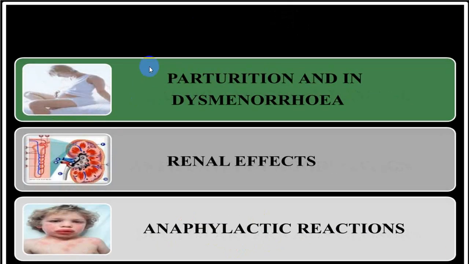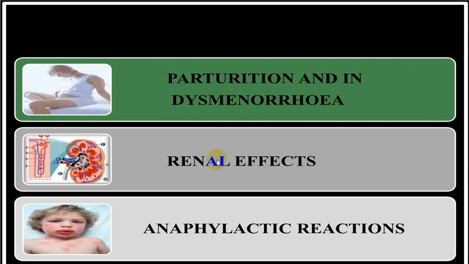Yes, when they are given to a pregnant lady for analgesic purpose, they may induce labor and can also produce menorrhagia, dysmenorrhagia. So they should not be utilized, but sometimes that is also used for induction of labor, but has to be with caution.